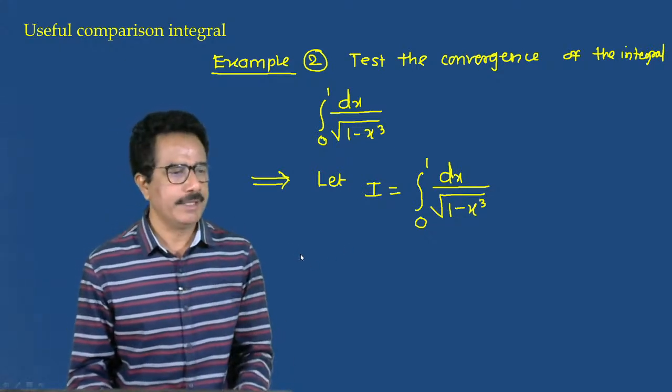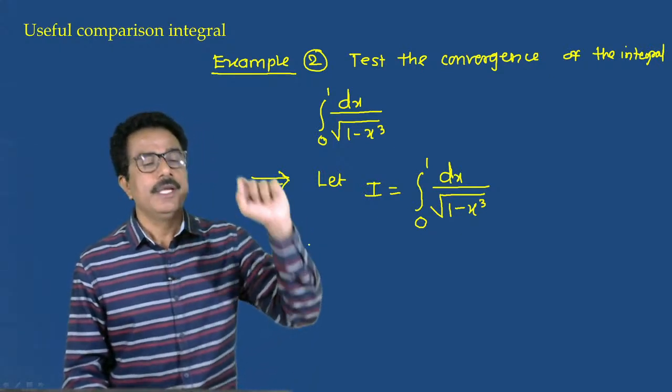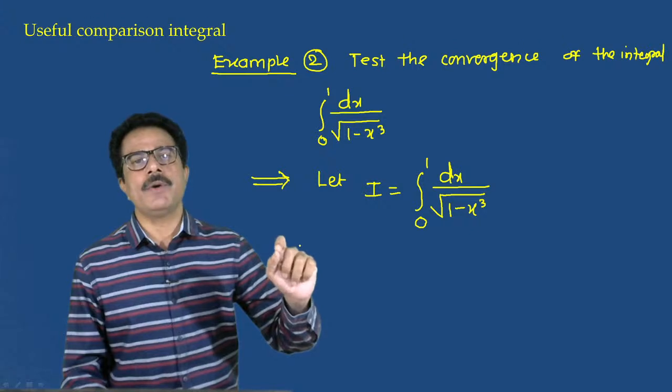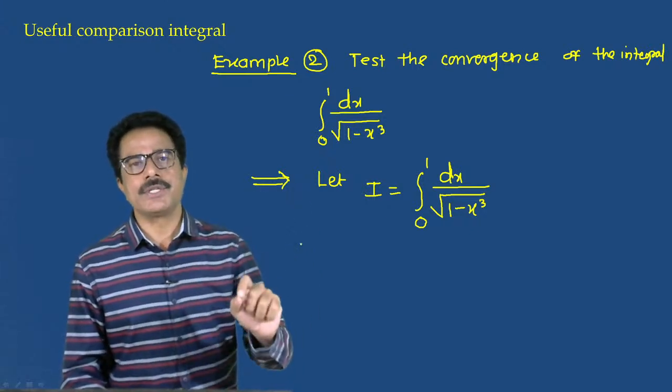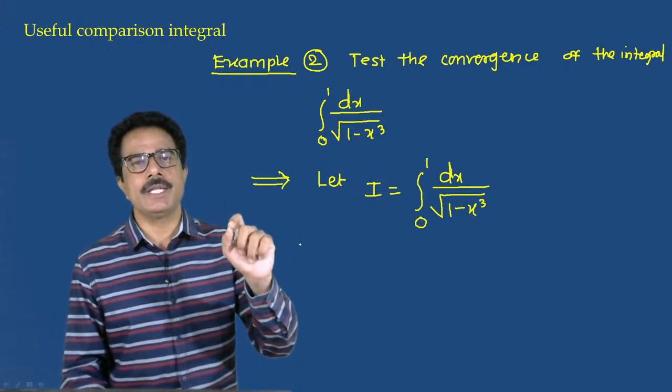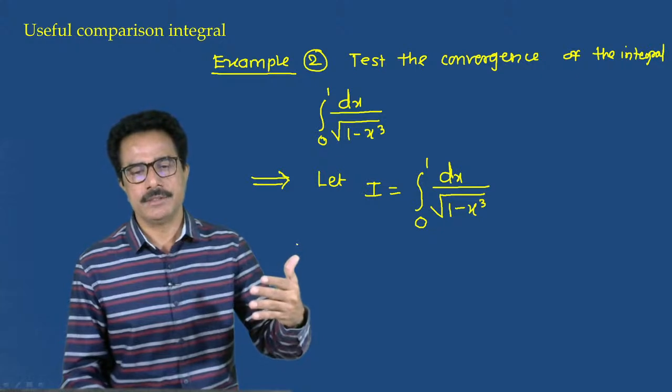Okay. Now see this, we consider the function f of x is equal to 1 upon root of 1 minus x cube. In that function, if we put x equal to 1, then the function goes to infinity. That is a discontinuity.